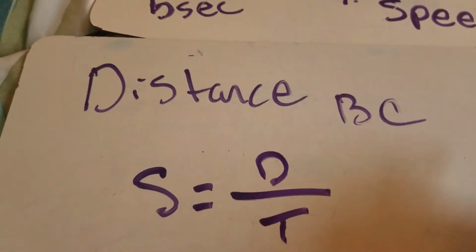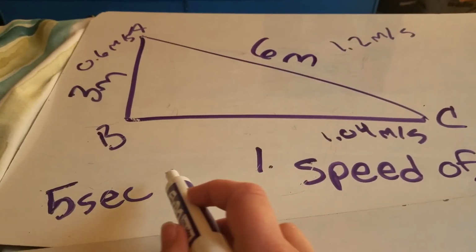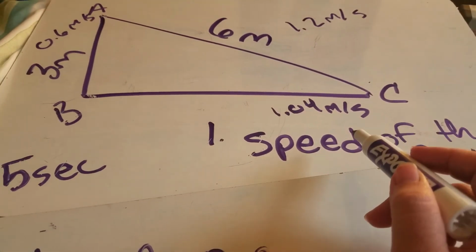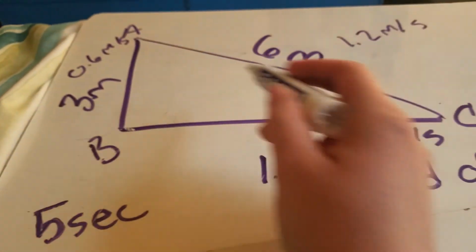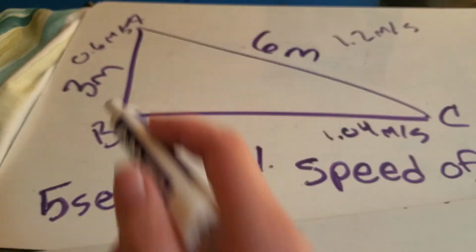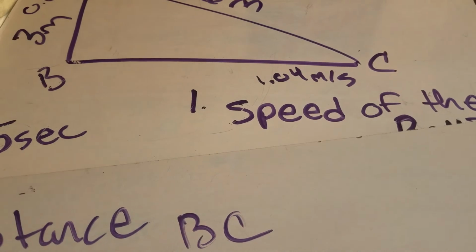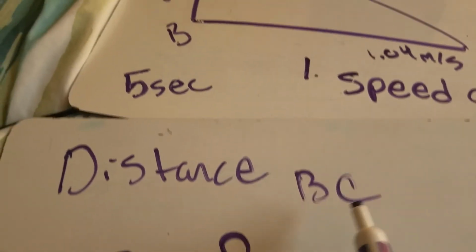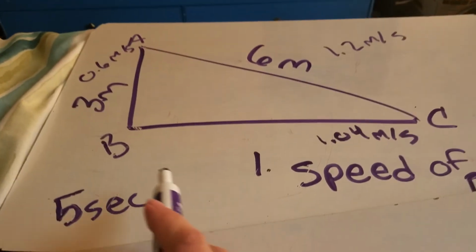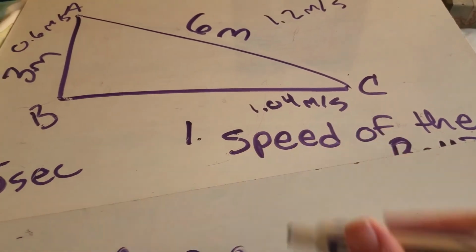All right. So my speed here between B and C, because that's where we're looking. We're not looking here. We're not looking here. We're not looking at all of it combined. I'm only looking at the distance of BC. So that means I'm only looking at the speed of BC.